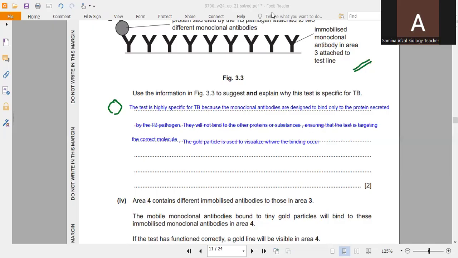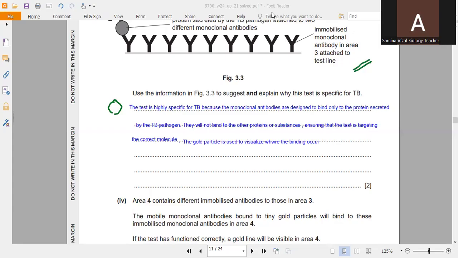The third one is the immobilized monoclonal antibodies in area 3, which is the test line. So this is another set of monoclonal antibodies also specific to the TB protein, but they are fixed in place on the test strip. So they are fixed. Now we can see the application, as saliva will be used for this purpose.